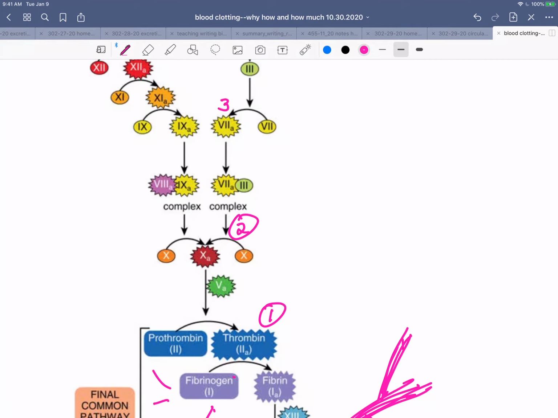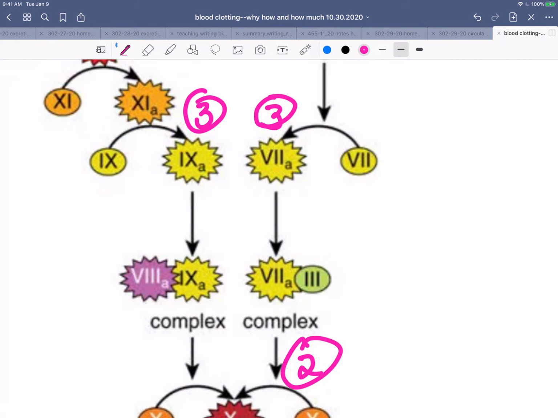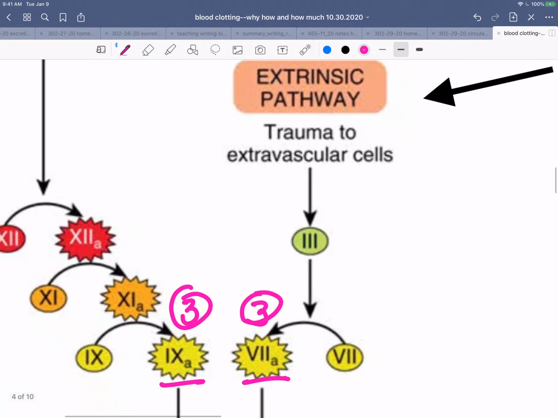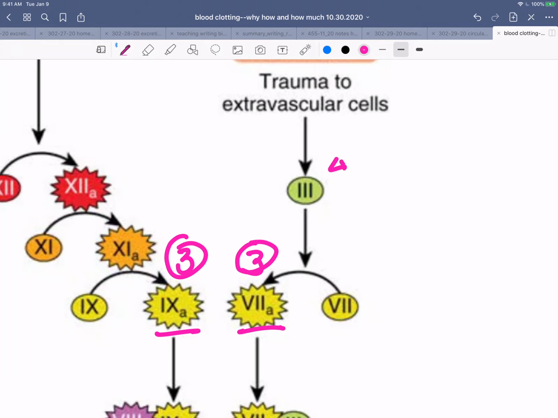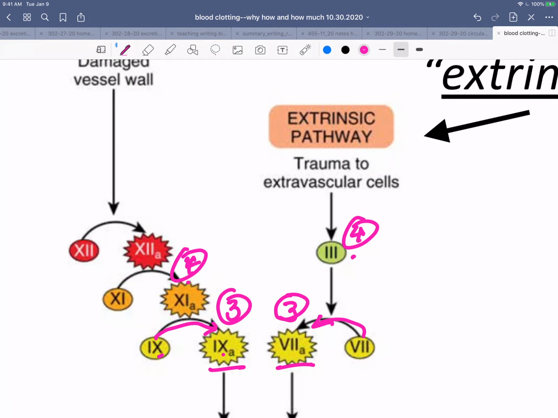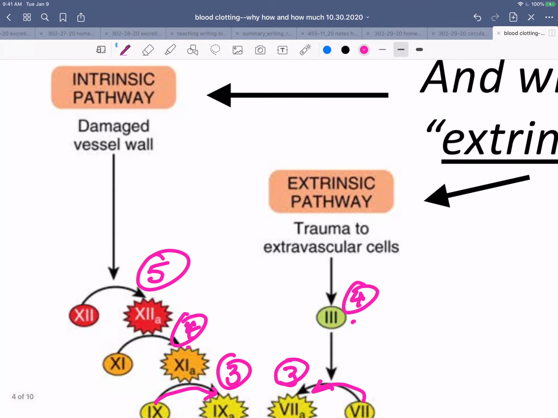In order to get these active 9A or 7A, we've got yet another step up here. Two ways to do it. Either 3 will do this one, or 11 will do this one, converting inactive 9 to active 9. And up here we have yet another step, starting with damage to the vessel wall.